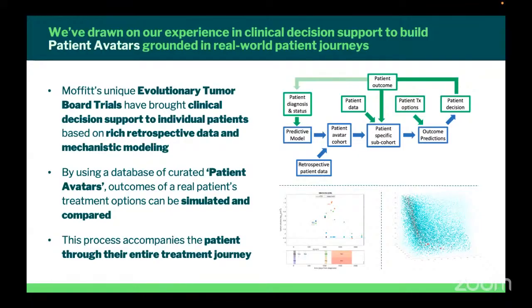And so underlying it, we're bringing the blue parts, which are essentially predictive modeling and virtual patient cohorts. Retrospective data is obviously key for this. And then assisting in the clinical decision process by offering additional information to that.